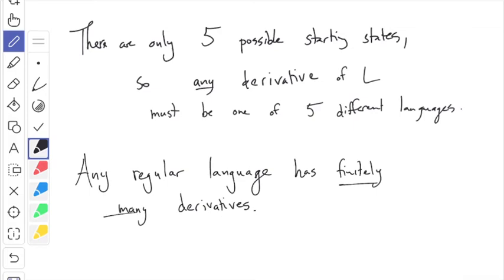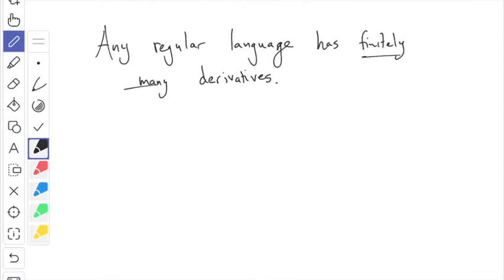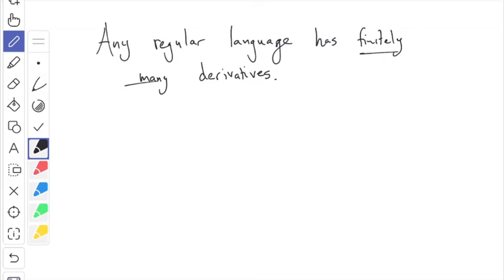This is a basic fact of regular languages, because for a regular language, you can write a DFA for it. The DFA has only finitely many states, and so most of the derivatives are always just going to give you the same answers. There's only finitely many different possible answers you could get when taking the derivatives. And this is the big theorem about regular languages and derivatives.